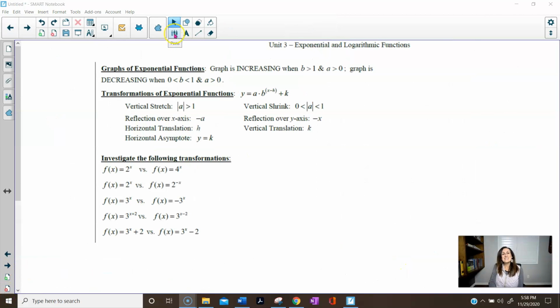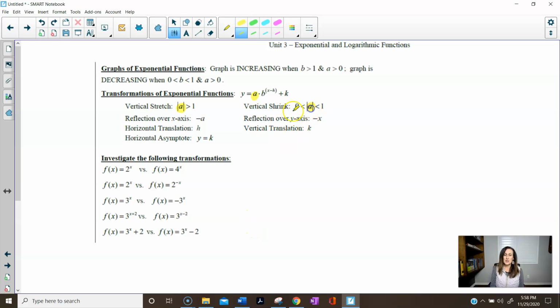Now we're going to talk about how the graph shifts, reflects, and stretches. Looking at that, a vertical stretch is when the multiplier in front, so this is a, the initial value, is greater than 1. Then you're going to get a vertical stretch because it's going to be moving up quicker.